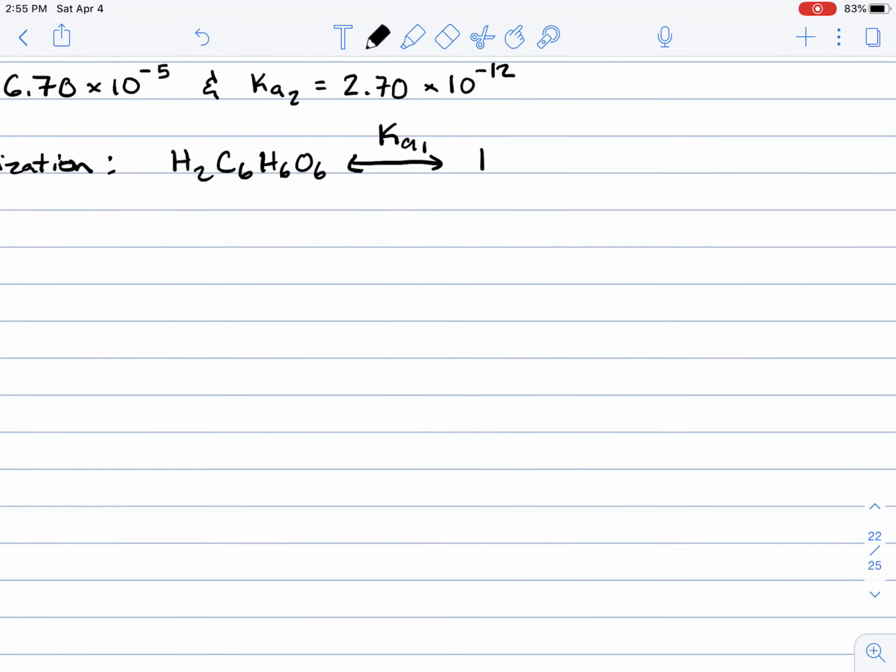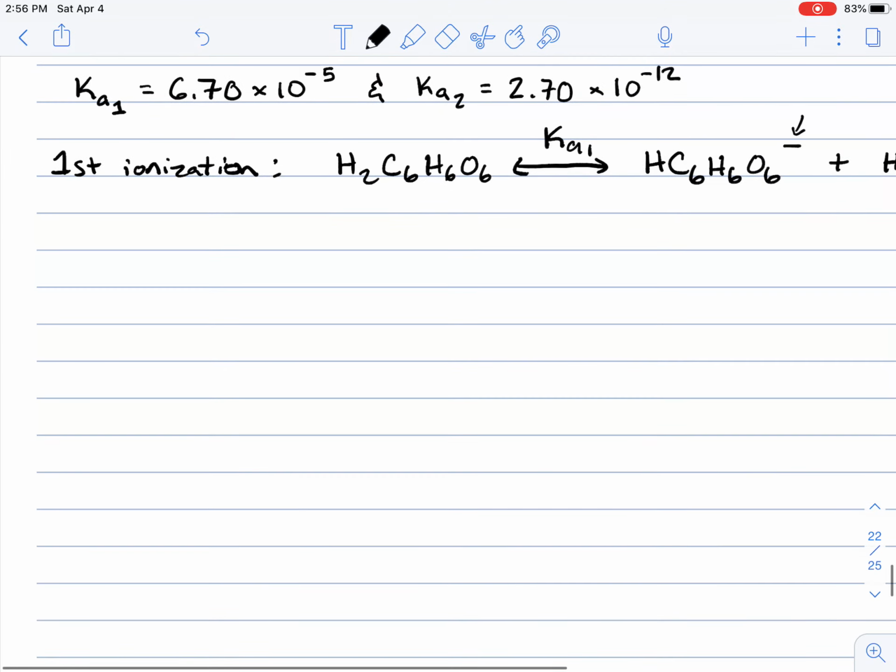And so when you ionize this, you get HC6H6O6 with a negative charge and an H plus. And remember, when we're separating a cation from an anion, the charge of the anion just dominates, so it's more negative.